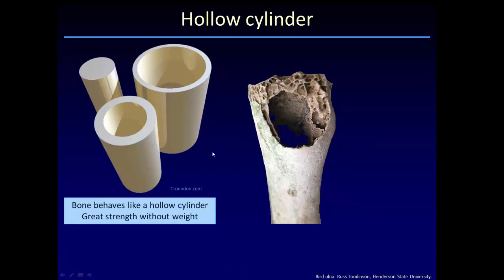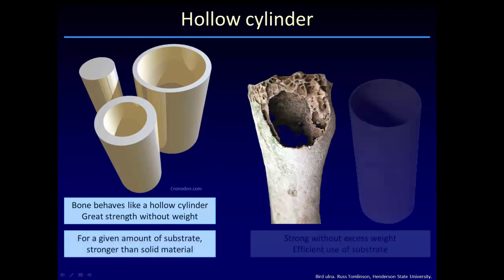Cortical bone is best thought of biomechanically as behaving like a hollow cylinder. A hollow cylinder is a great way to use a small amount of material, right? You don't have to have a lot of material in order to create a cylinder, so you get great strength without a lot of weight.